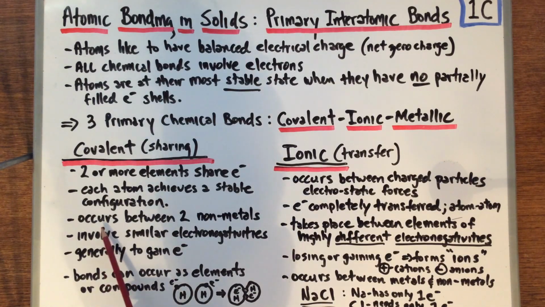It occurs particularly between two nonmetals, which again are over towards the right hand side, and involves similar electronegativities. They're generally going to be gaining electrons, like they did here in this hydrogen bond. And these covalent bonds can occur either as elements or as compounds.